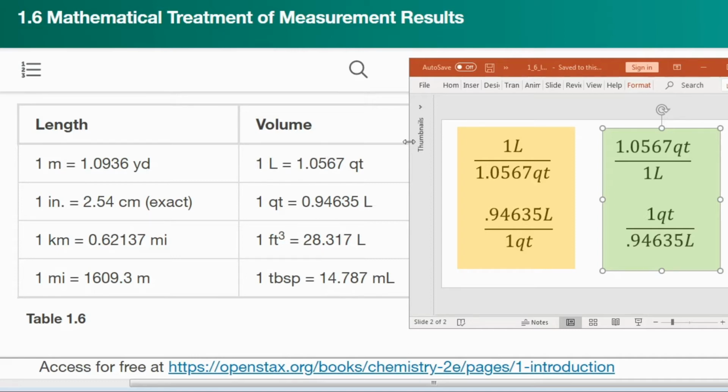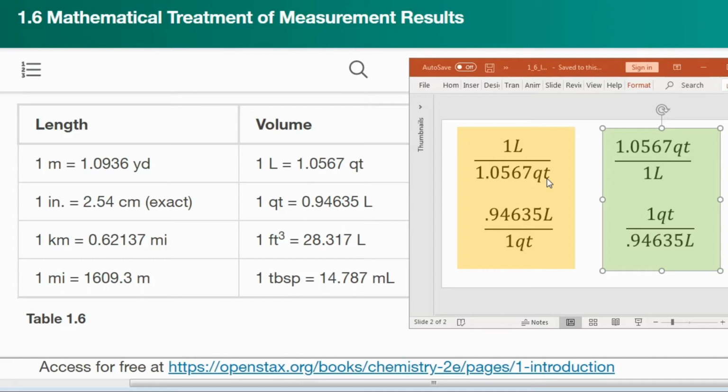You put in the numerator the unit that you want to end up with, and in the denominator the unit you want to get rid of. So if you want to convert from quarts to liters, you put liters in the numerator and quarts in the denominator.